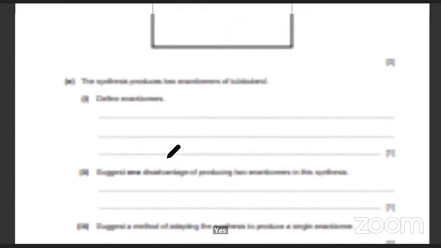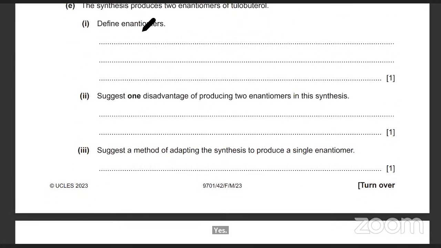Okay, then the next part is, what's an enantiomer? Carbon atom which is joined with 4 different groups. Okay. Optical isomer. I mean, they are optical isomers. The synthesis produces two enantiomers.